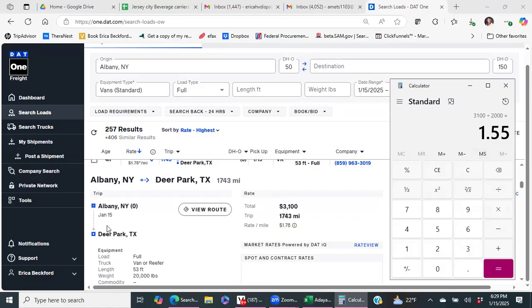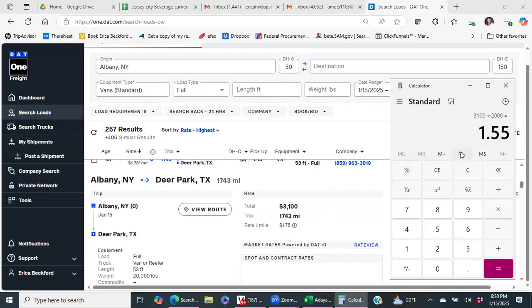So when they told us that, now I'm not going to take $3,100 for this load because that's not paying enough. After your driver pays for fuel, after your driver pays for tolls, this is after that. Let's say fuel and tolls, and I'm just throwing a number out there, let's say that costs $800 for fuel and tolls to get down to Deer Park, Texas.